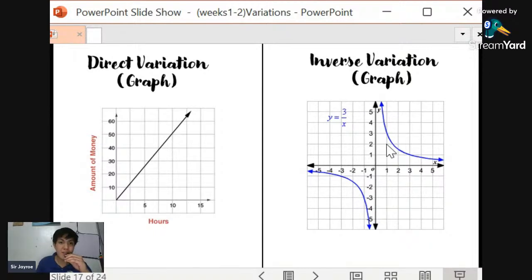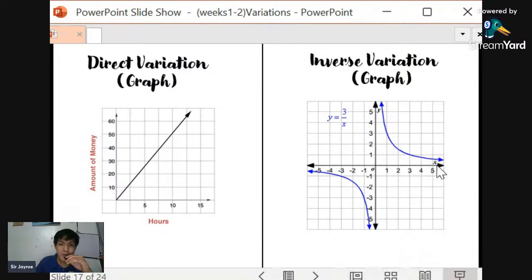So that is the graph of direct variation. For inverse variation, it's a little curvy. So medyo nag-curve siya. Okay? So nag-curve yung graph ng inverse variation. So kindly take the screenshot of this kasi I think makakatulong to sa pagsagot nyo dun sa module, dun sa mga assessment. Okay. So any question?